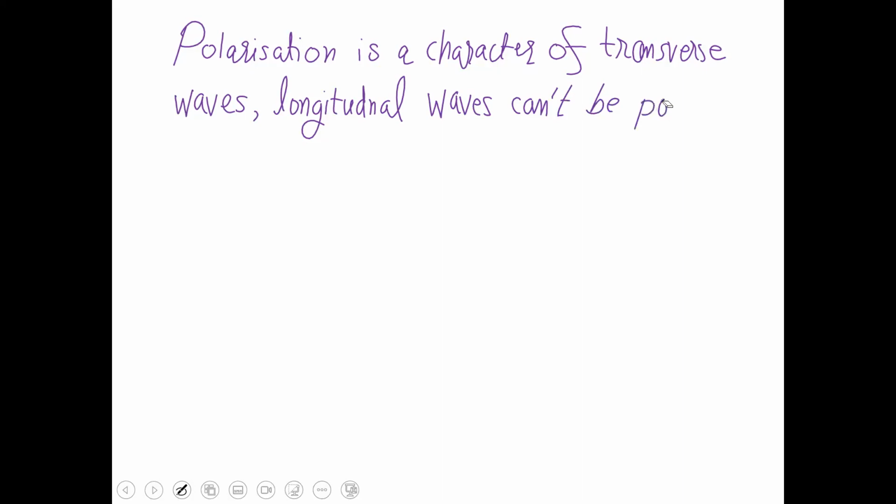Longitudinal waves can't be polarized. So you cannot polarize sound waves. You can polarize light waves. You can polarize water waves. You can polarize only transverse waves.